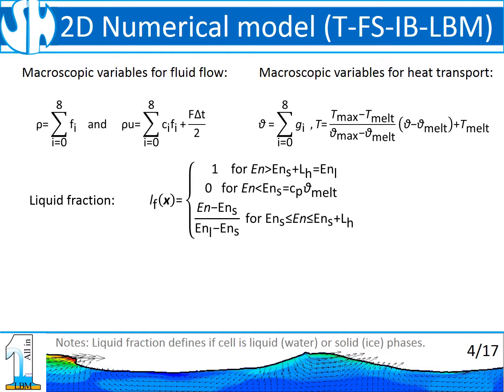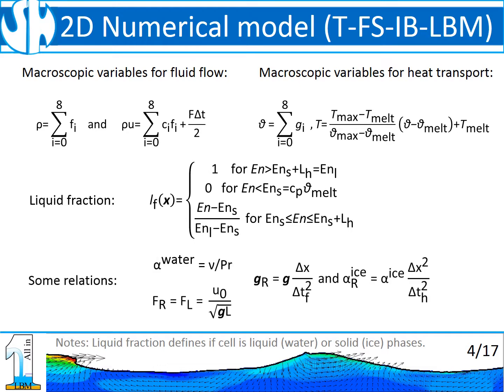Then to distinguish the ice and water, and to account for liquid-solid phase transition, we define a liquid fraction value that shows water with 1, ice with 0. The two modules are coupled to each other based on some parameters as well as a Boussinesq approximation for the density variation.